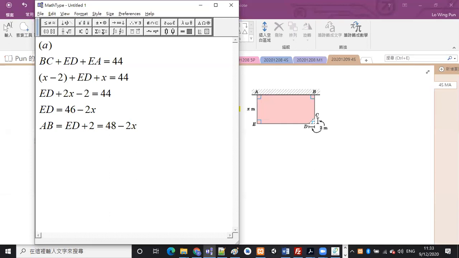Because ED is 46 minus 2x. Then AB should be 48 minus 2x. Can you get this?